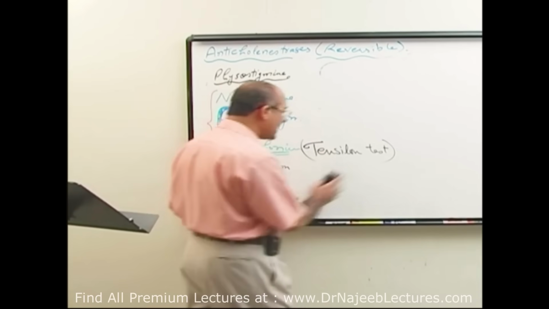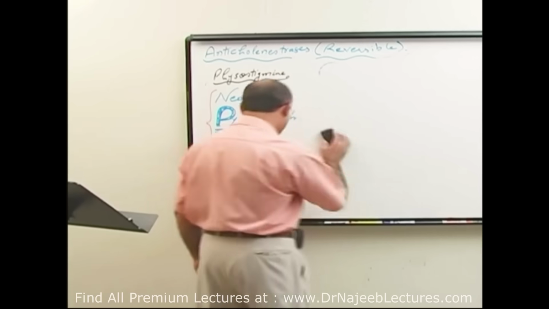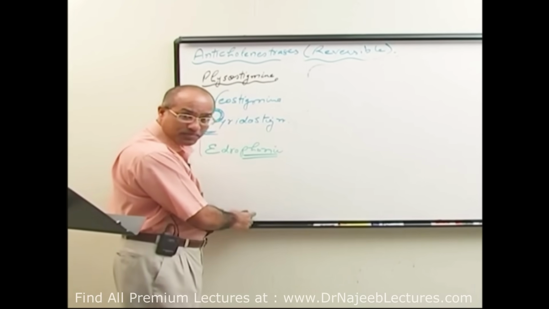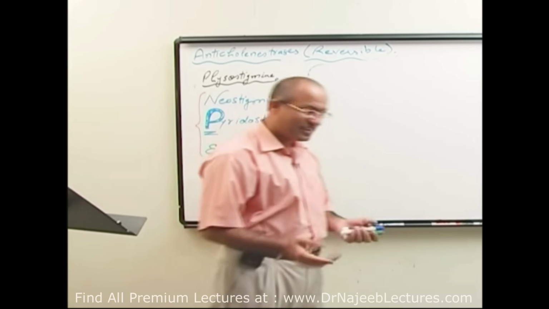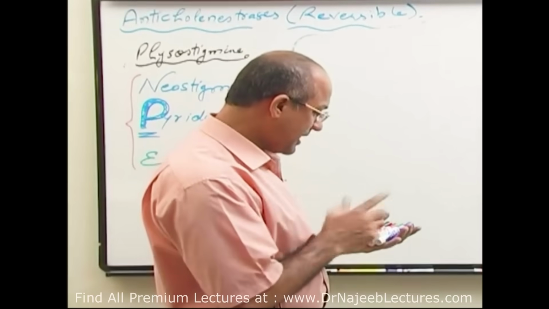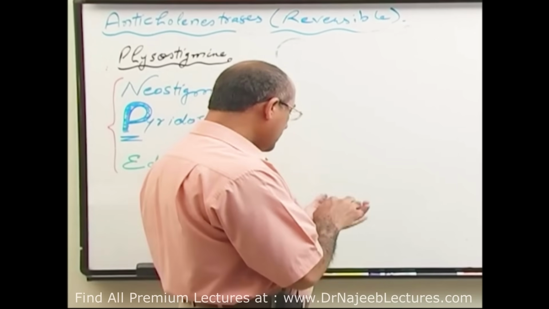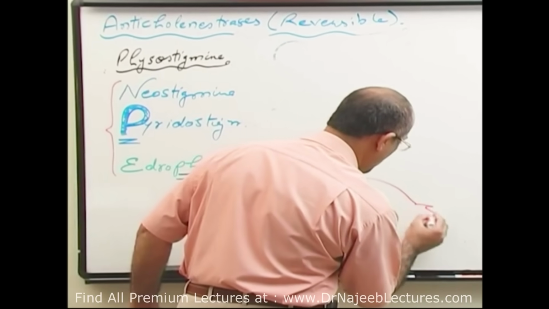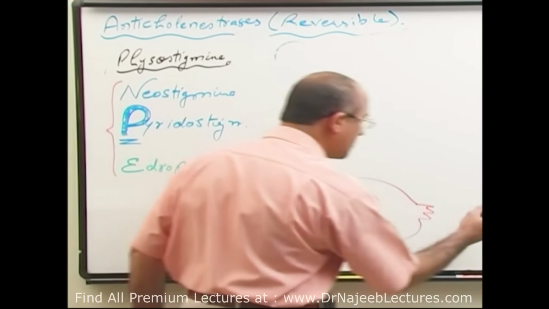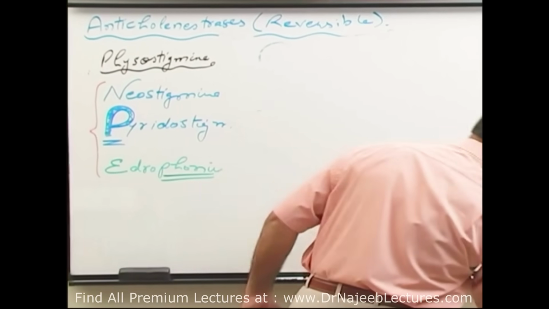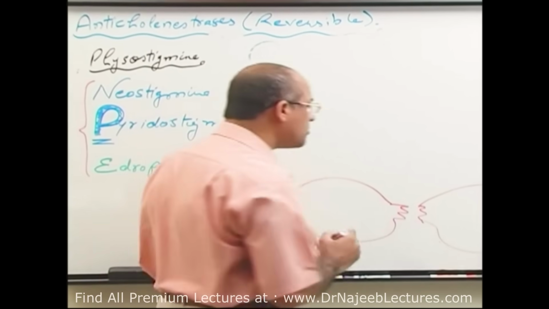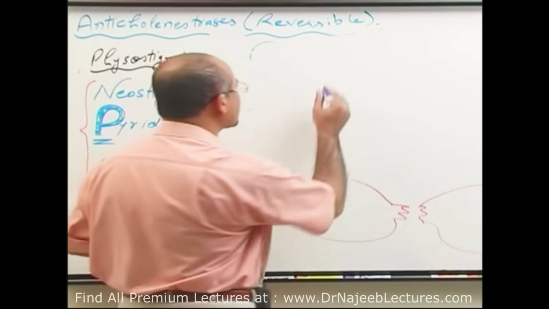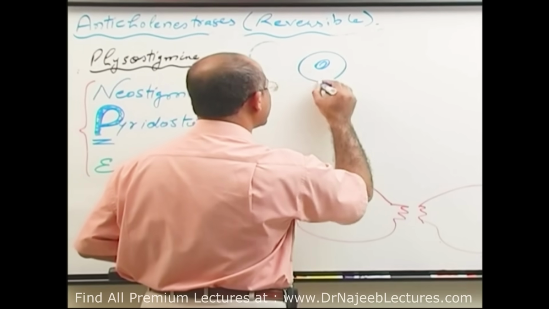Let me tell you, in some very confusing situations, again edrophonium may help you. Let us suppose you have 2 patients with myasthenia gravis, and one fine morning both patients come to your clinic, under your treatment.